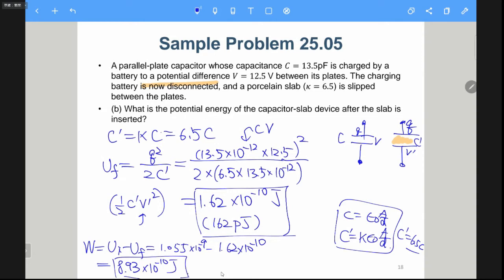Although it is not asked by this question, it means that the potential energy decreases. If you just place the slab near the parallel plate capacitor, it will be absorbed between the plates, so that it could absorb some of the energy to make the energy become smaller.